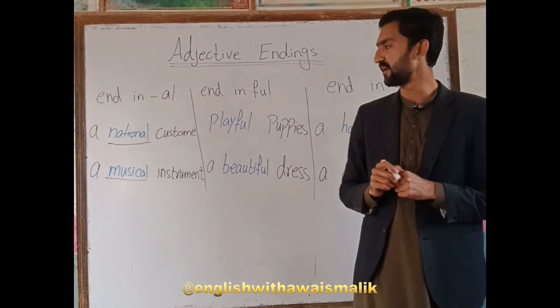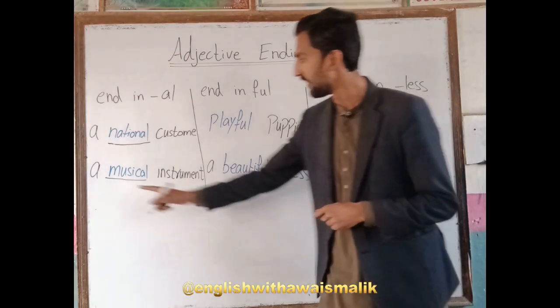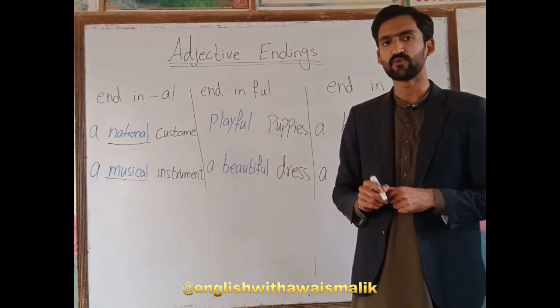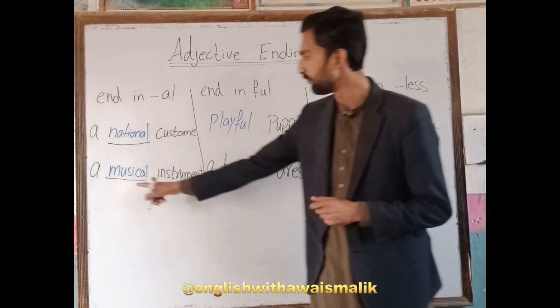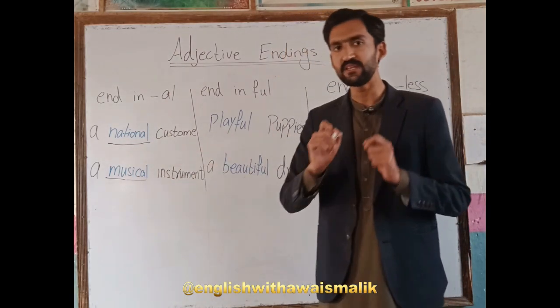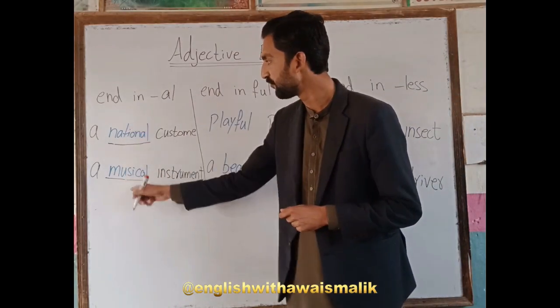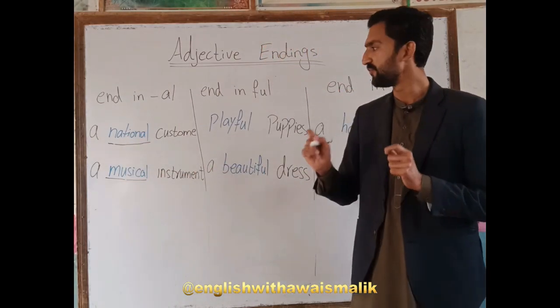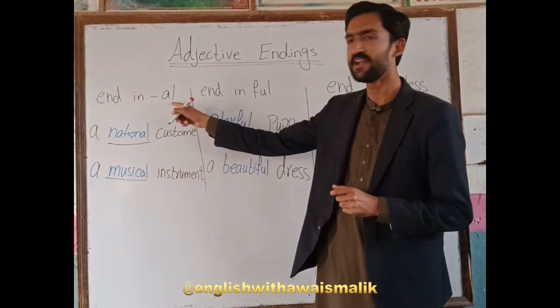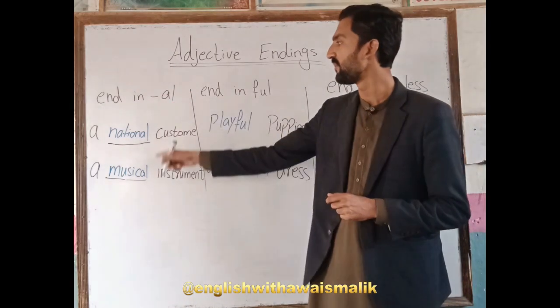Further we have another example: a musical instrument. The word musical also ends with these two letters, AL. So these are adjectives which end with this ending, which is considered to be an ending of adjectives.